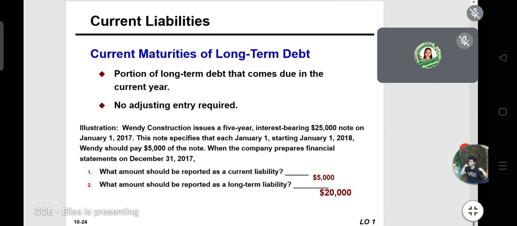Now, what are convertible bonds? These are bonds with a promise that at some later time they will be converted to stock.